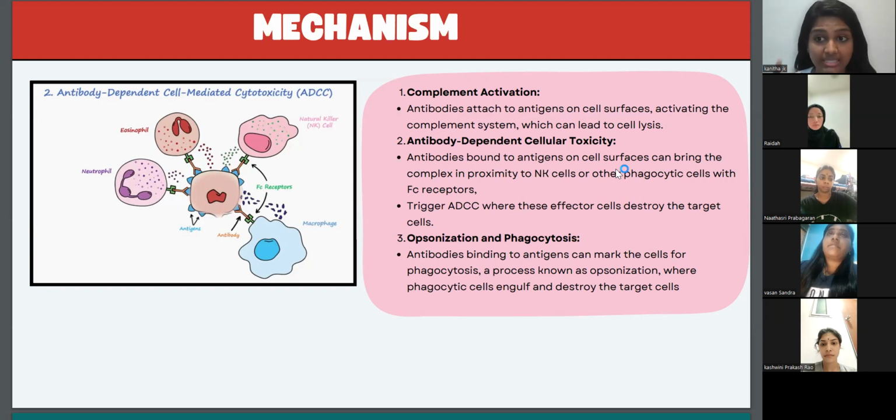This triggers ADCC, where these effector cells destroy them. Lastly is opsonization and phagocytosis. Antibodies binding to antigens can mark the cell for phagocytosis, a process known as opsonization, where phagocytic cells engulf and destroy the target cells. That's all from me.